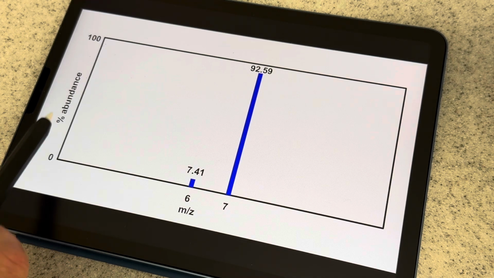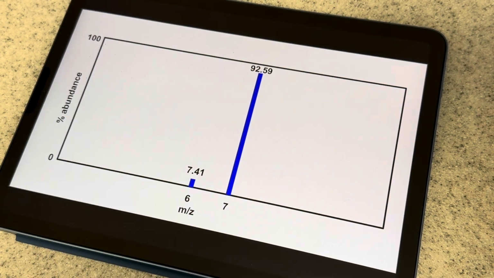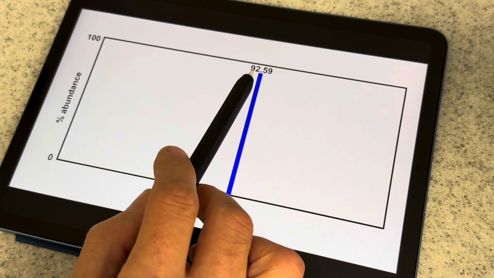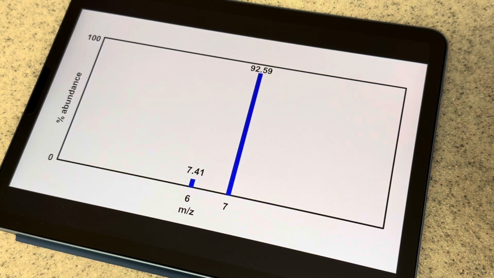You can see it says percentage abundance, and you'll notice numbers have appeared on top of the lines. Basically, the spectrometer can compare the relative amounts of the two, in this case, 2 isotopes. So you can see here as a percentage, we've got 7.41% of isotope 6 to 92.59% of isotope 7.